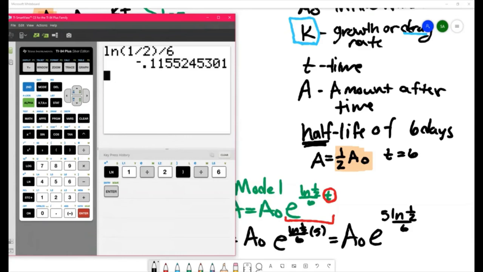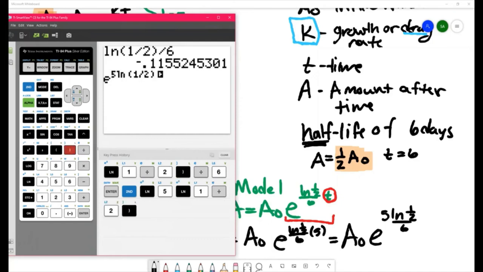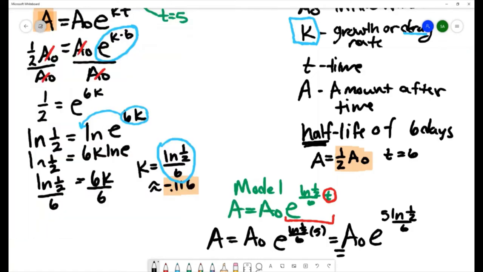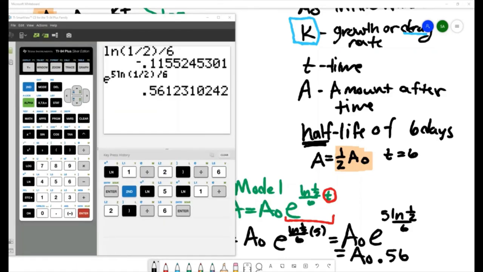So I'm going to type e to the 5 natural log of 1/2 over 6. So that gives me 0.56, which we'll round to those 2 decimal places.